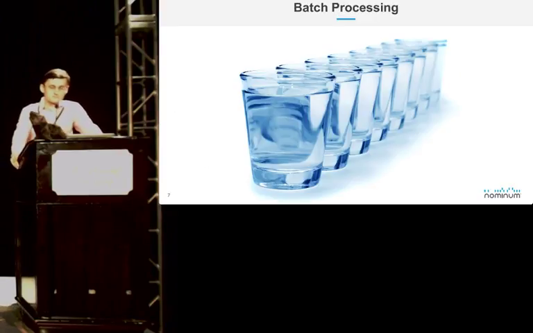There are two schools of thought on how DNS data or any data can be processed. It used to be that most people did batch processing, and Hadoop is a very convenient tool for that.